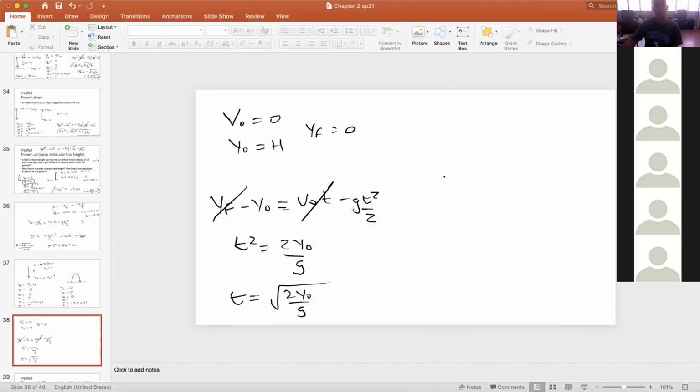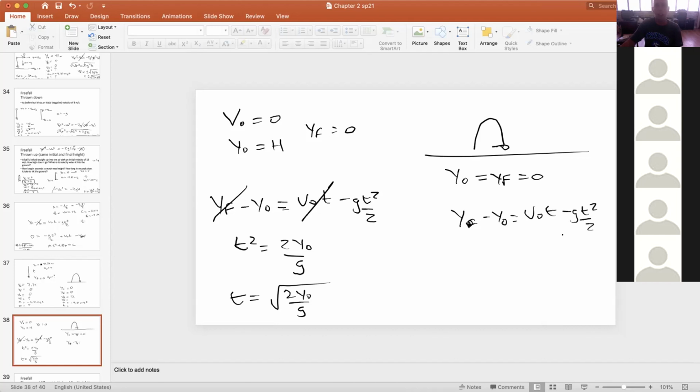So I get t squared is 2 y naught over g, or t is the square root of 2 y naught over g. The time to go from the ground back to the ground means that y initial is equal to y final is equal to 0. And we have y final minus y initial is v naught t minus gt squared over 2. These are both 0.